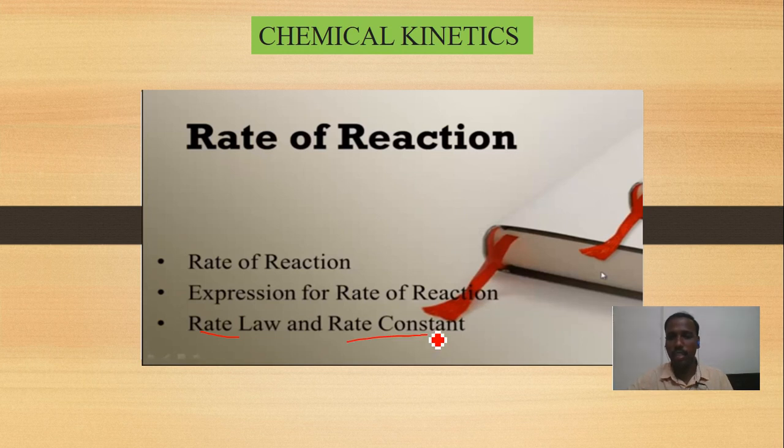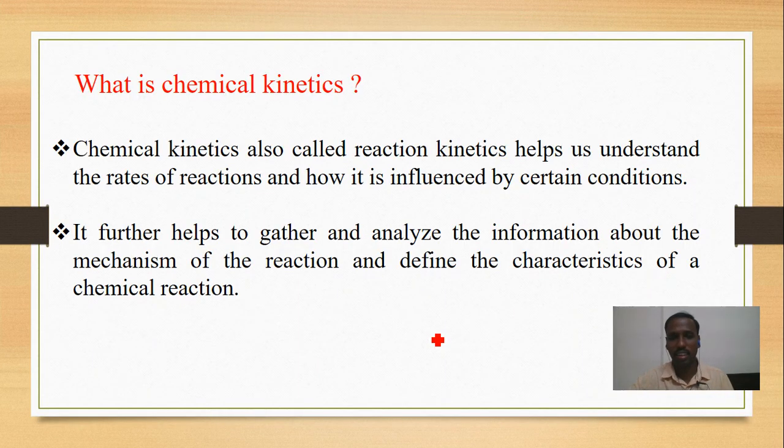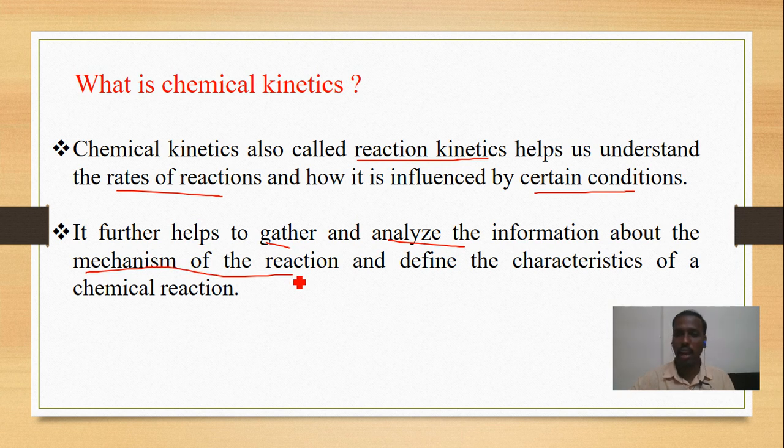First of all, what is meant by chemical kinetics? Chemical kinetics is also called reaction kinetics, and it helps us to understand the rate of reaction and how it is influenced by certain conditions. It further helps to gather and analyze the information about the mechanism of the reaction and define the characteristics of the chemical reaction.